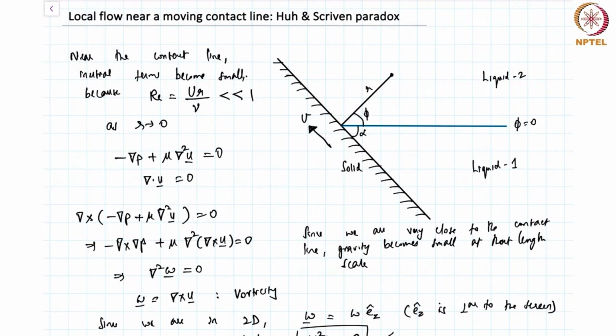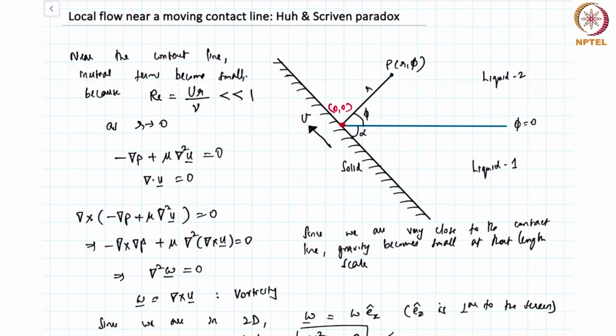So if I have any point P, then this is given by the corresponding radial location from the contact line, and this point at the center, which I'm showing here now in red, this is my origin.